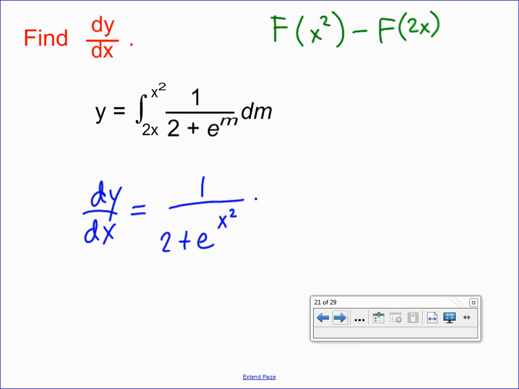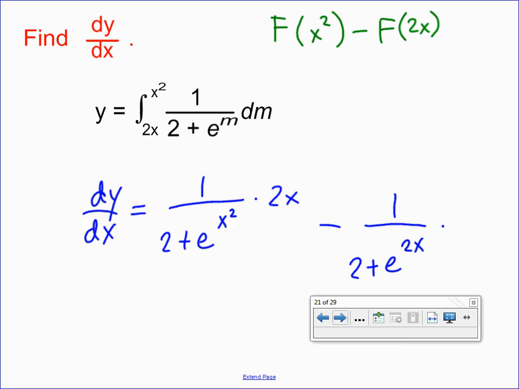And then when I differentiate that big F, I get times the derivative of the upper limit, so times 2x. Differentiating term by term, minus the derivative of big F would be my original little f integrand function, 1 over 2 plus e to the 2x times the derivative of my lower limit.